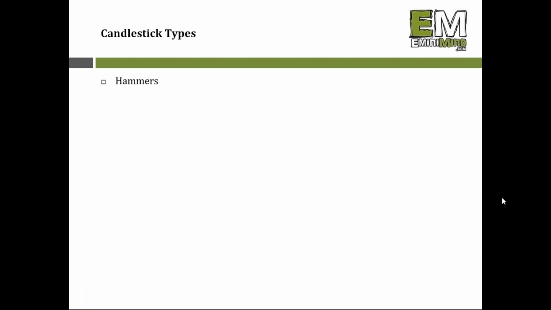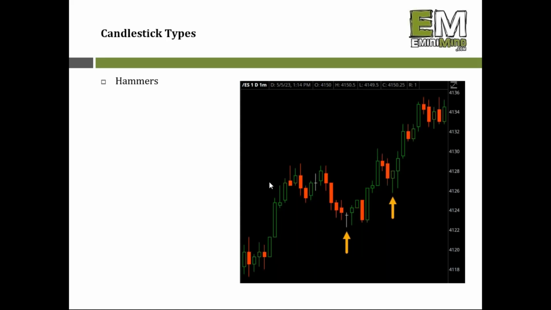As far as the candlestick, I'm just using a basic candlestick chart, and the 1 minute chart with the traditional candlestick is how I like to keep things. There's lots of other Heikin-Ashi, Renko bars, range bars, all kinds of stuff, but the traditional candlestick really tells you a lot about the emotion that's occurring kind of at that time frame.